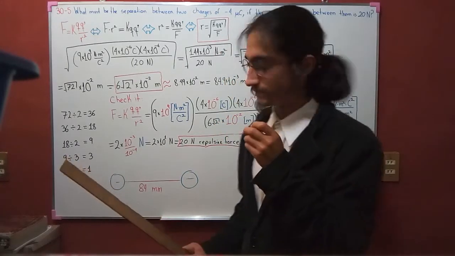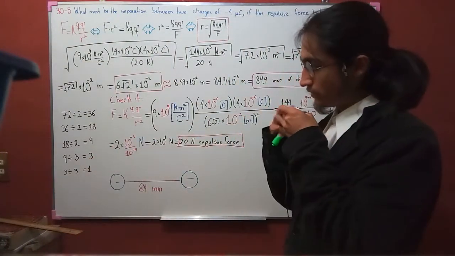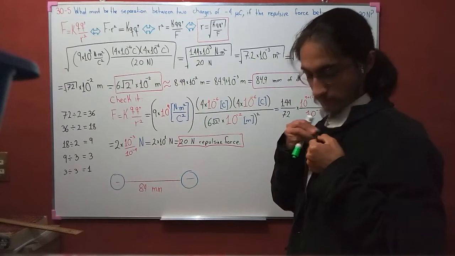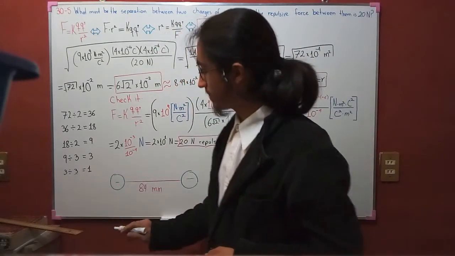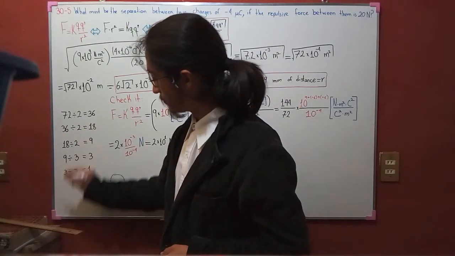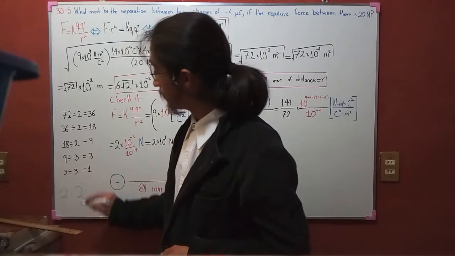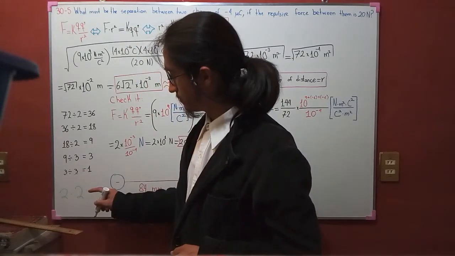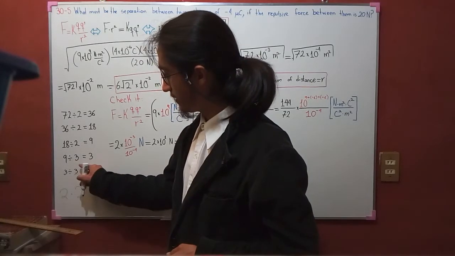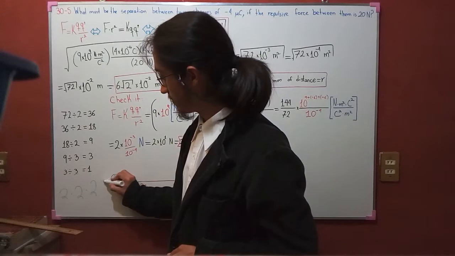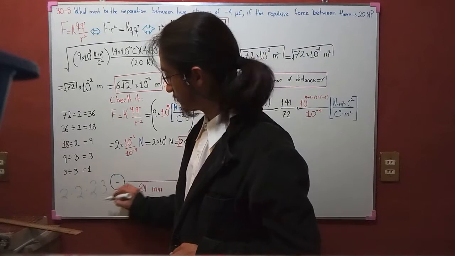So, we have to look at these numbers. So, 2 multiplying 2 multiplying 2 multiplying 3 and again multiply by 3.